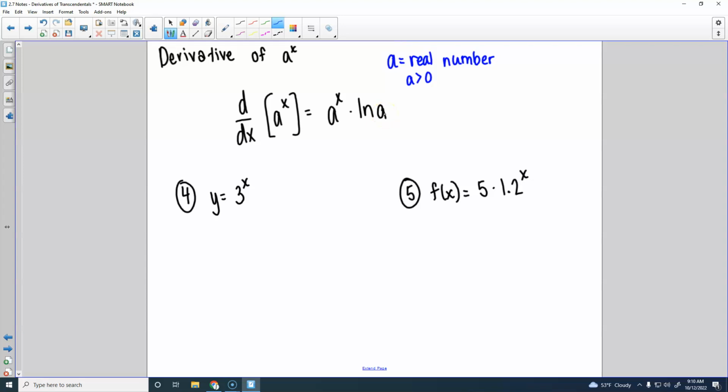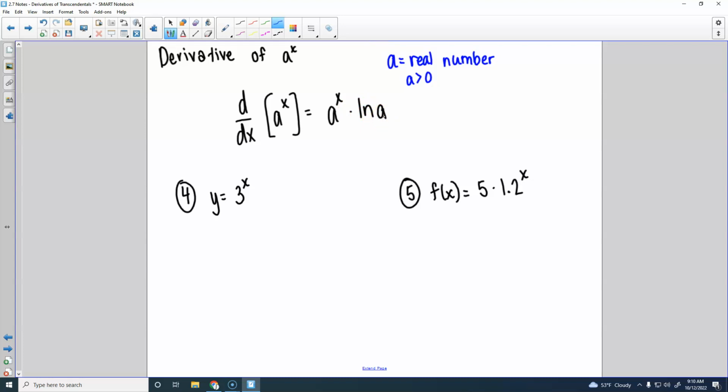We cannot. So a needs to be greater than 0, and it needs to be a real number here. So the derivative of an exponential is itself times the natural log of the base.